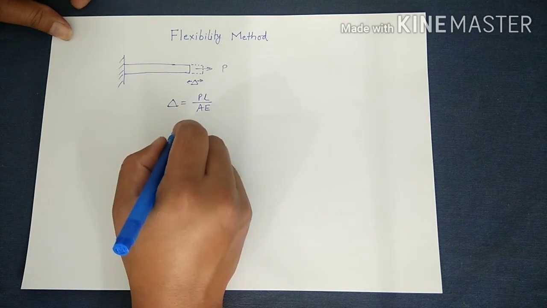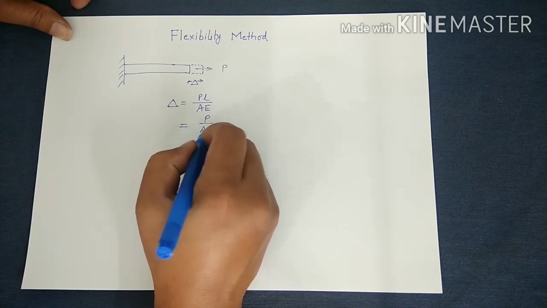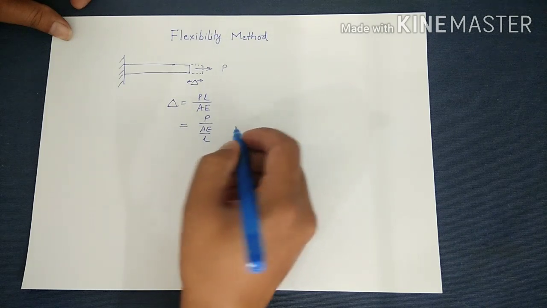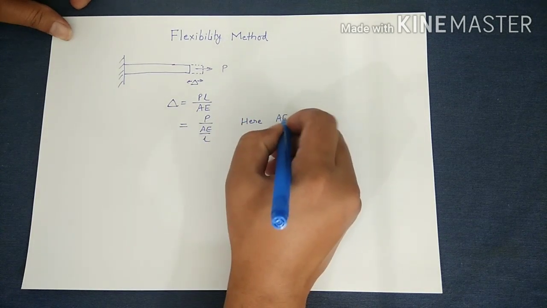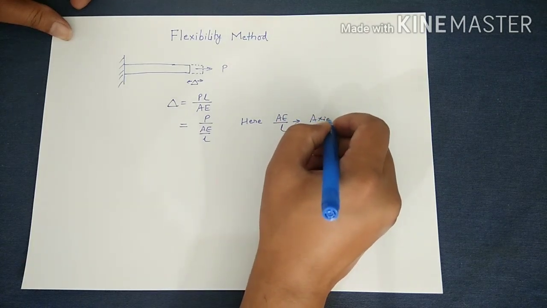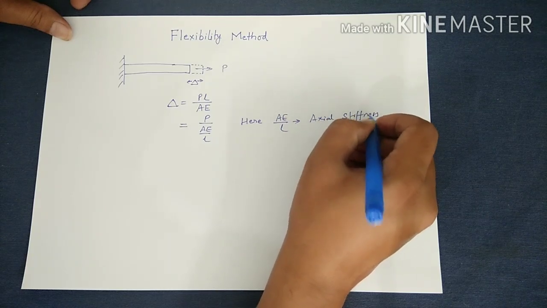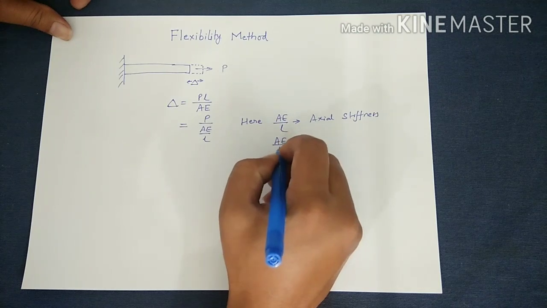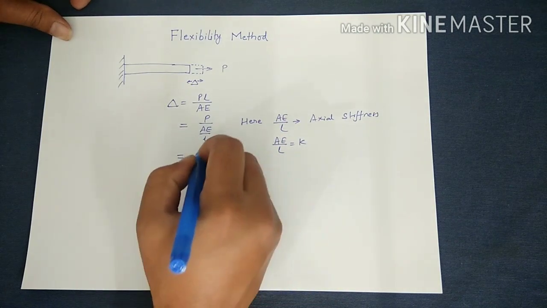We can write the same formula in this way too. Here AE by L is your axial stiffness, which can be written as K.